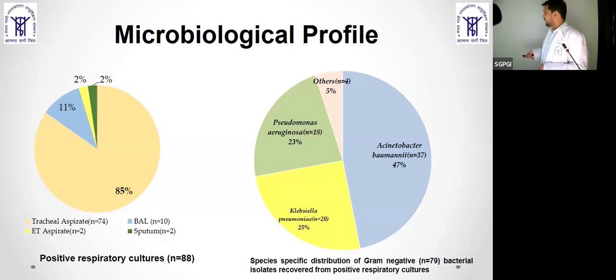And among the gram negative, the majority were Acinetobacter baumannii, the most common, around 47%, followed by Klebsiella pneumoniae, which was 25%, and Pseudomonas aeruginosa, which was 23%.